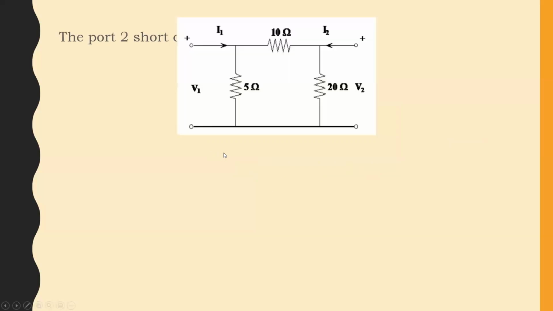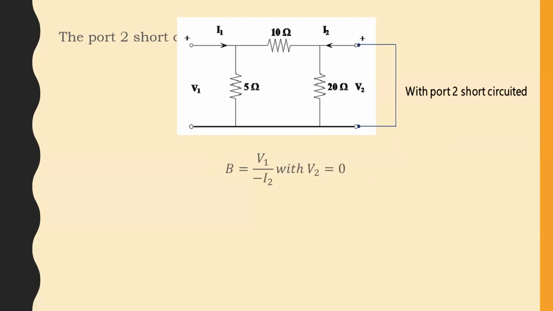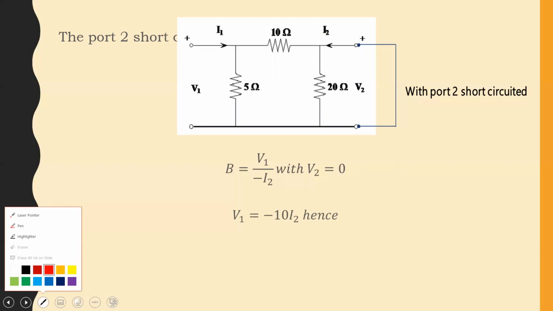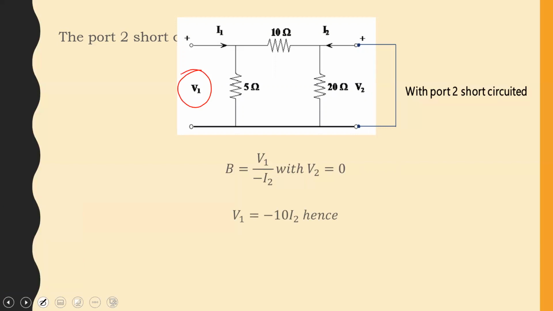Okay, so let's see now. With port 2 short circuited, that's a lot better. We have B equal to V1 over I2, with V2 being equal to 0. With that short circuit in place, we want the relationship between this voltage and this current. So I2 would pass through the 10 ohm resistor.